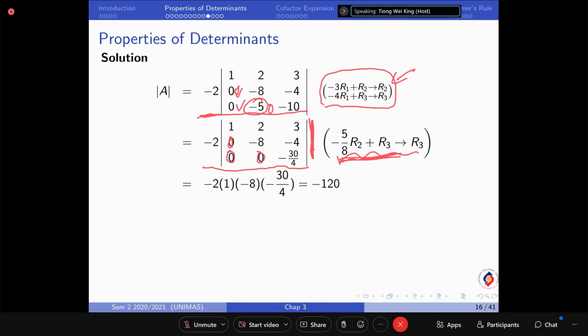So the determinant value is the product of all the entries along the main diagonal. So that's why you have -2 times 1 times -8 times -30/4. Simplify, and you get -120. Okay, so this is one of the examples. Again, this is just one solution. You can get another solution depending on what row operations you use.